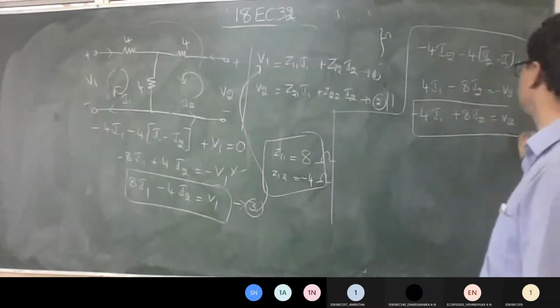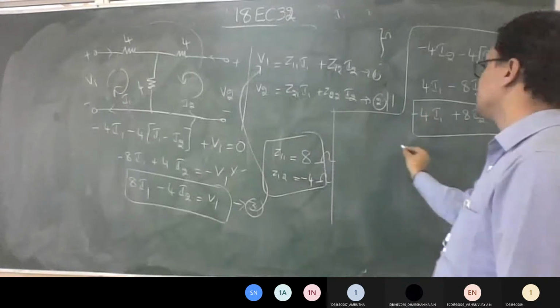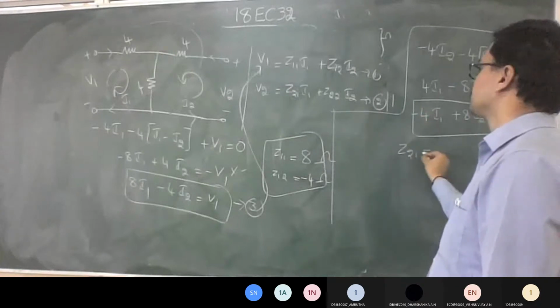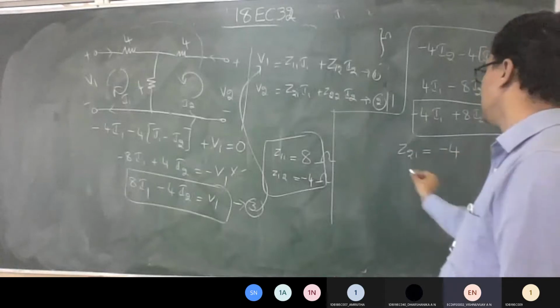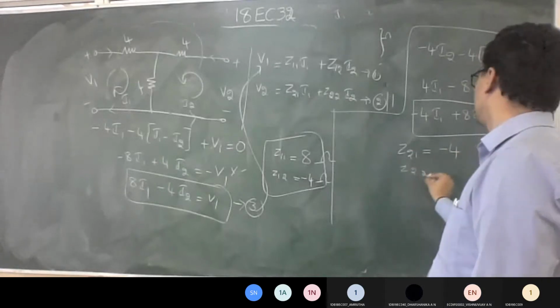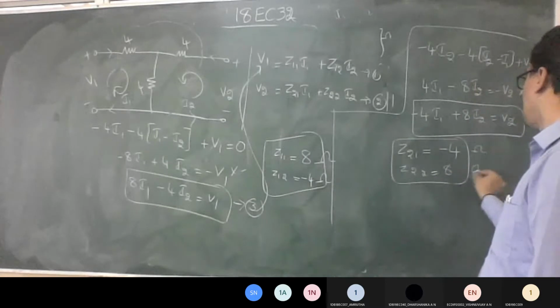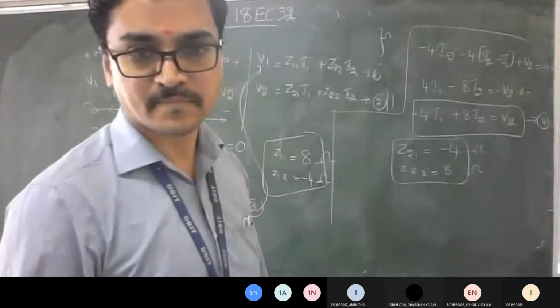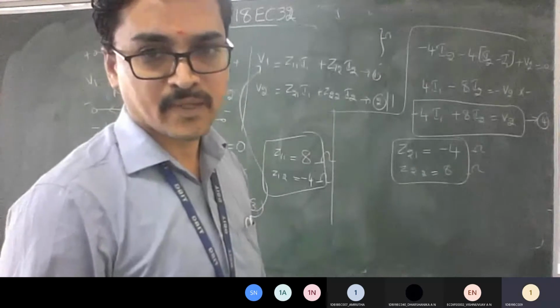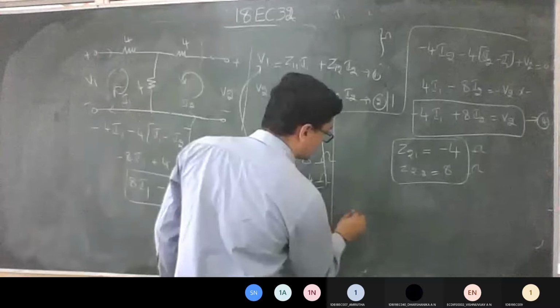If we call this equation number 4, compare 4 and 2. What is your Z21 answer here? Z21 is minus 4, and Z22 is 8. This is your answer. Understood, everyone? So at the end you should conclude the answer.